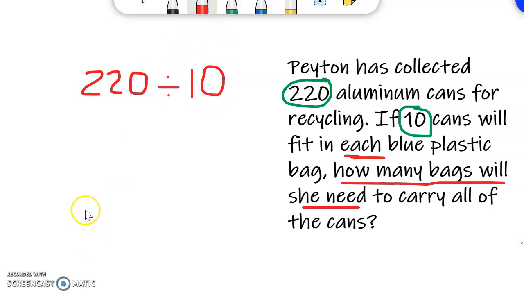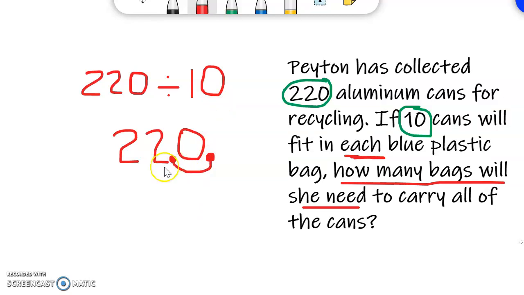So when I'm dividing by powers of 10, the first thing I want to do is rewrite my number and put a decimal place to the far right after the last number. Then I need to count the zeros in my power of 10, and I see that I have 1 zero. So that means I'm going to move my decimal point one place to the left.